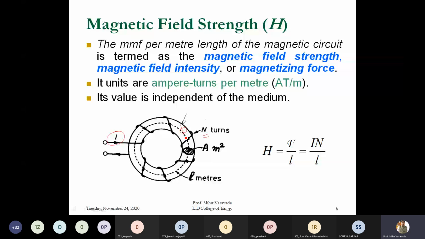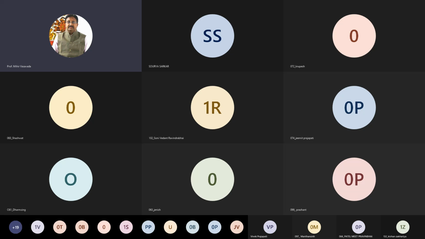So if you consider the unit length, the circumference, that is L. So this is that length L. Then H is defined as NI upon L. Clear? Any doubt here, anyone? Then you can ask.